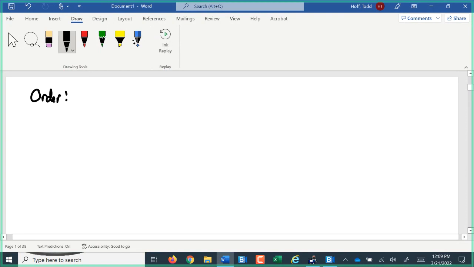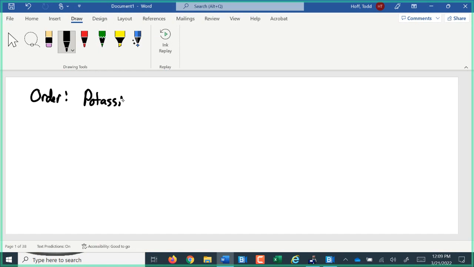We might have an order for potassium chloride, 40 mEq PO BID.